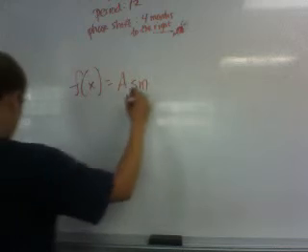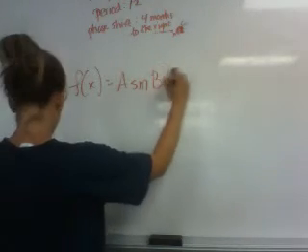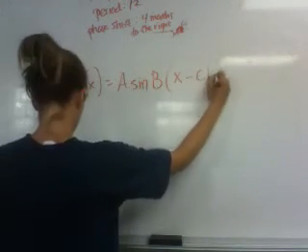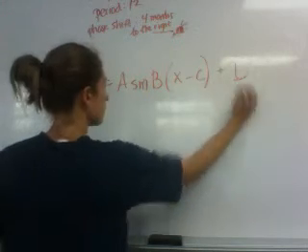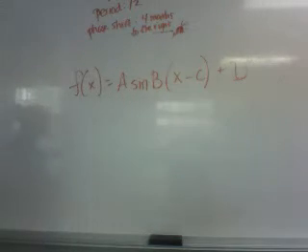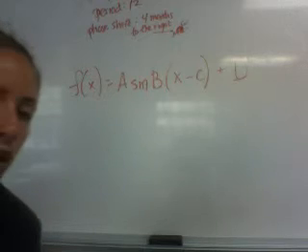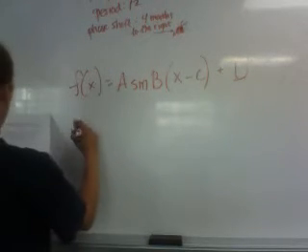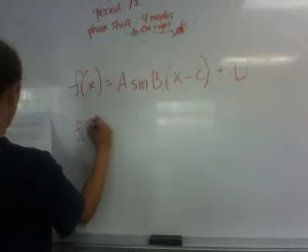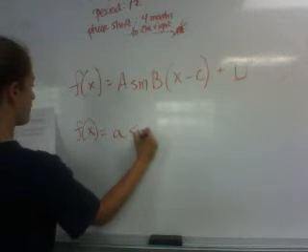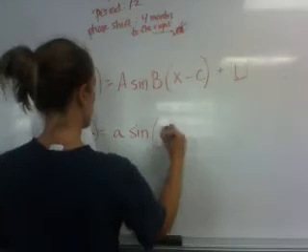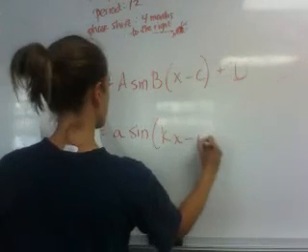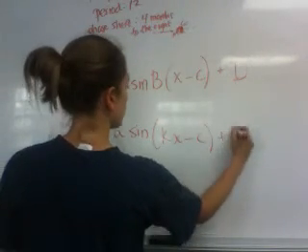Same thing. This is kind of how I teach it with this equation. Same thing as what he gave you, just different letters. So what he gave you was f of x equals a times sine k minus c plus h.